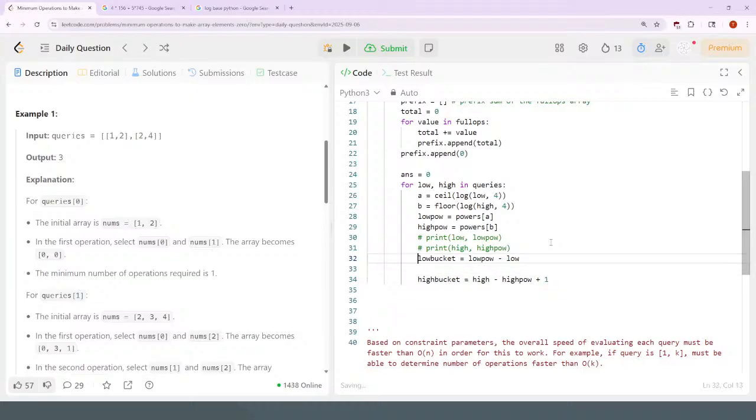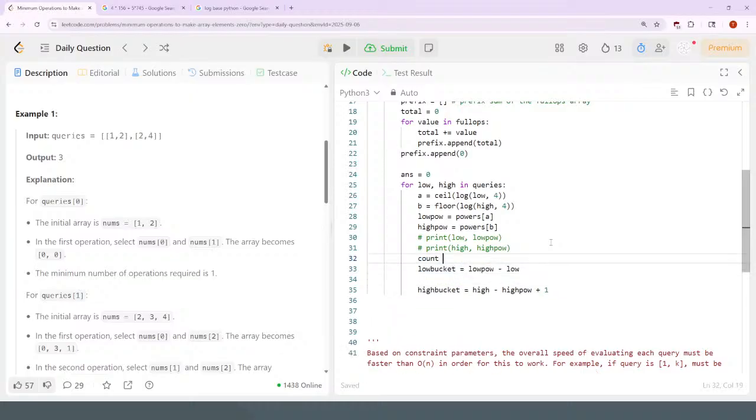So I should have a count here, count 0, half operations, number of half ops, or number of before of x divided by 4.